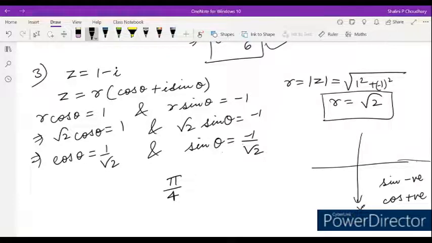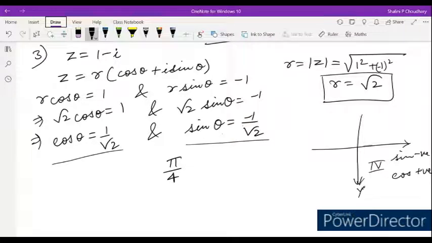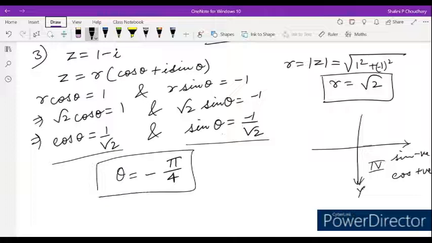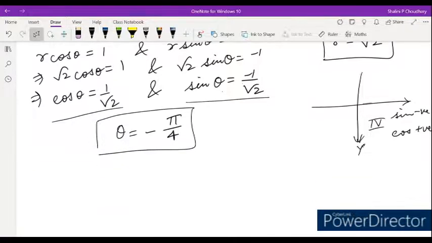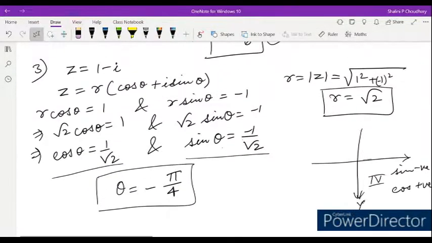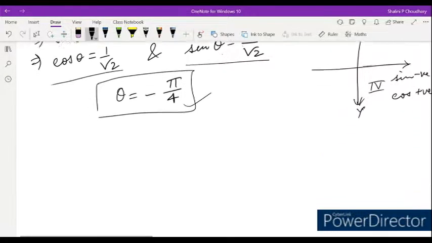Here sin is negative and cos is positive, so the value of theta will be equal to minus pi/4. Okay, so this is the value of theta, and the value of r we already found out. Okay, so now next question.